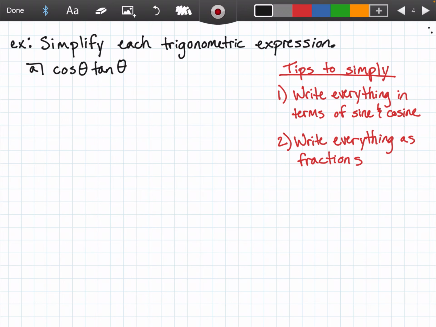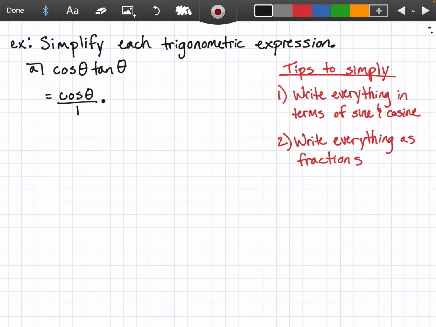So part A, prime example. Cosine theta is already written in terms of cosine because I'm thinking cosine. So I'm going to write this as cosine theta over 1 to create it as a fraction. You're about to see why.